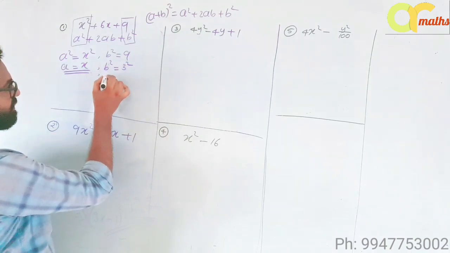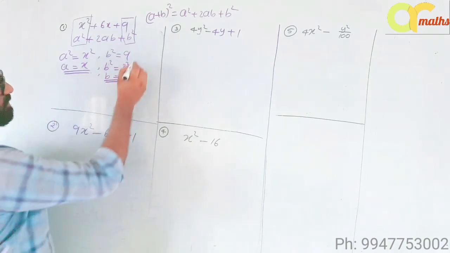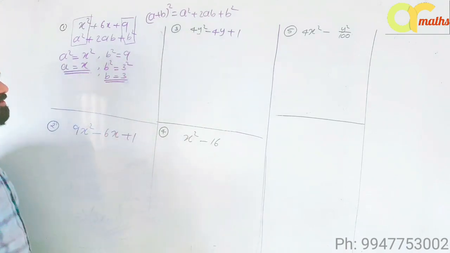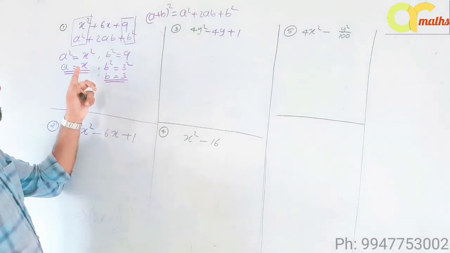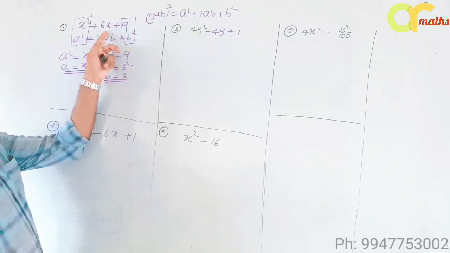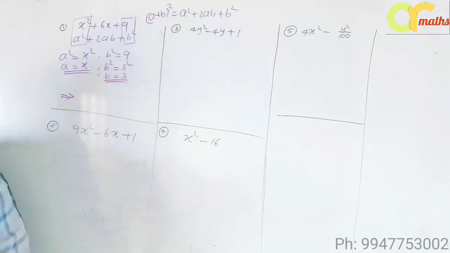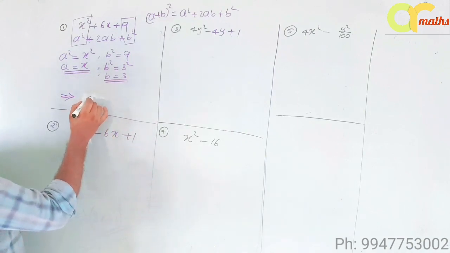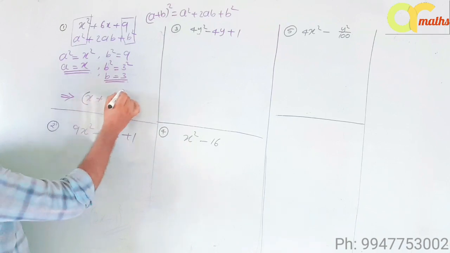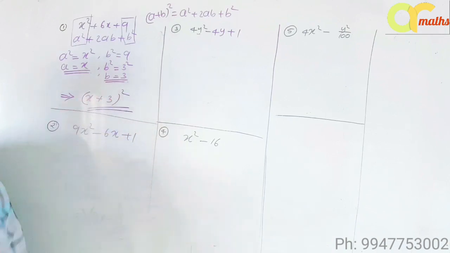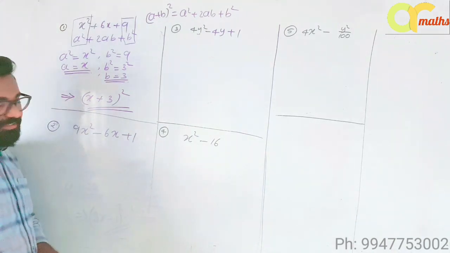Square, square cancel, then b equal to 3. Okay. So what is 2 into a into b? 2 into x into 3, that is 6x. Okay, that is correct. Therefore, its answer is (a plus b) whole square. What is a? x plus b, 3 whole square is the factorized form of x square plus 6x plus 9.